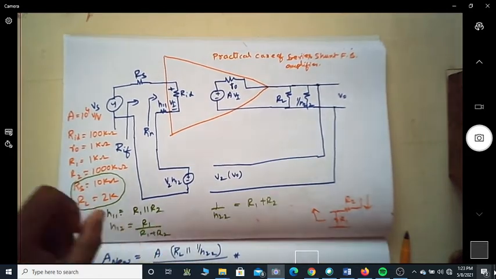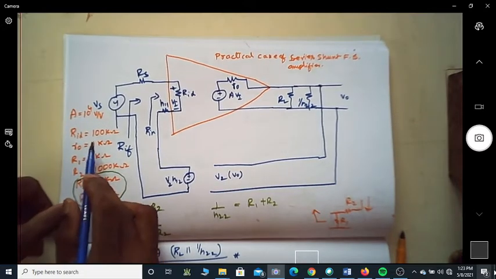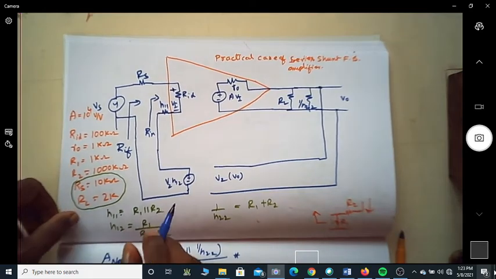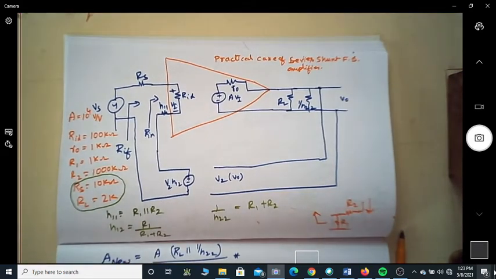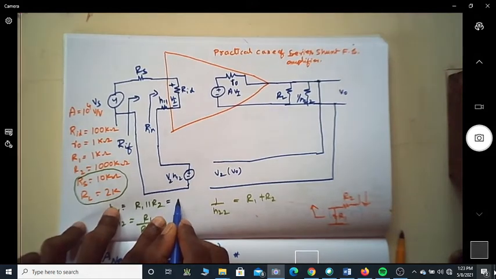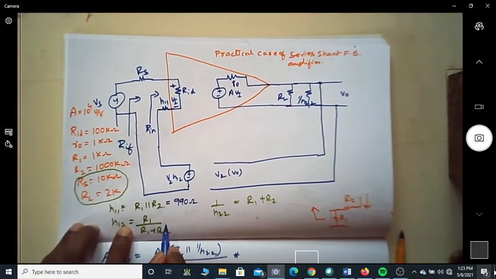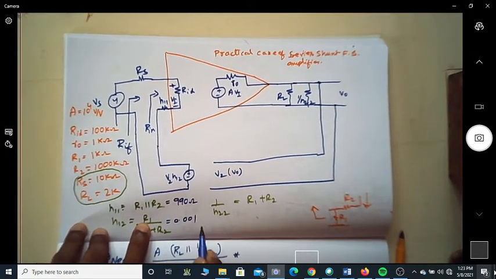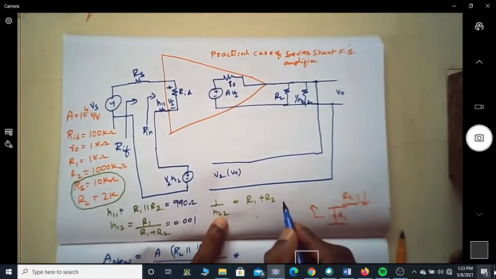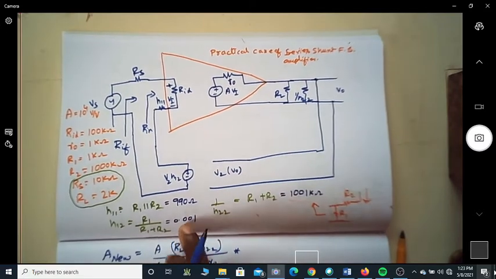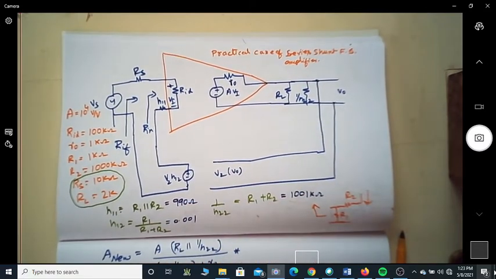Since we are assuming the values of R1 and R2 to be 1K and 1000K, let us find the values of H11. Upon finding the values, this will become 990 ohms, this will become 0.001 approximately, and this will become 1001 kilo ohm. These two are resistances, and this is a ratio.